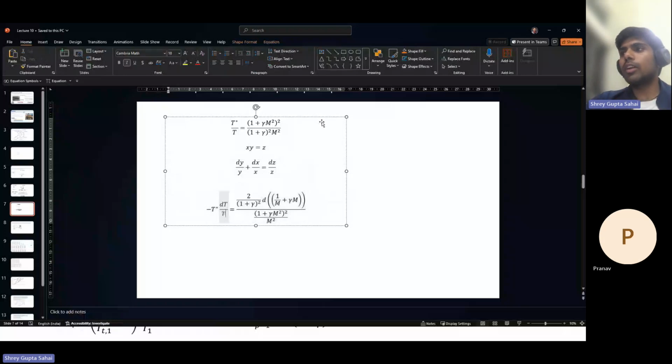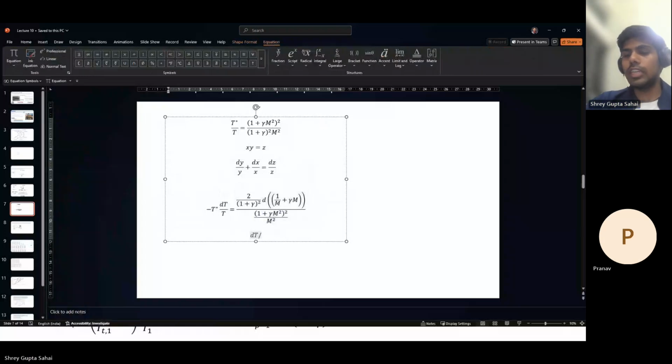So now at the point of maximum temperature, dT by T has to be 0, which implies that d of 1 by M plus gamma M is 0, and this is a constant.